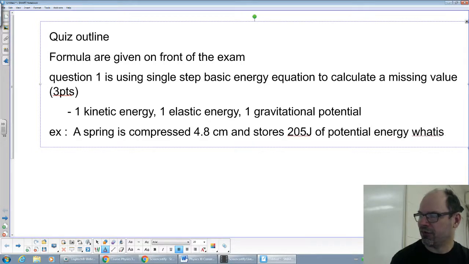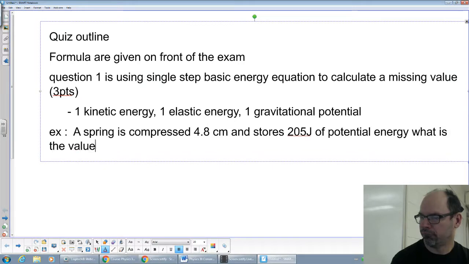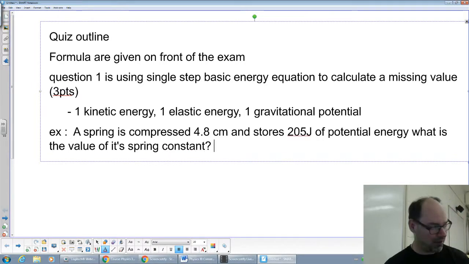What is the value of its spring constant? So you could pause and try that one if you want, and I'm going to work it out here right away.